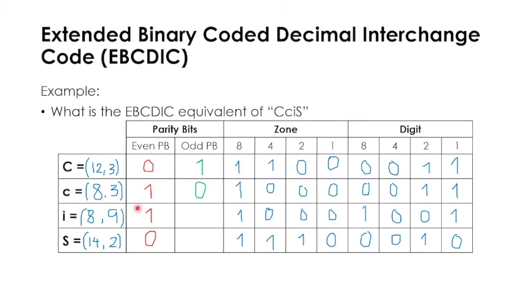Next, for the letter I, we have 1, 2, and 3 also. So the parity bit will be 0. Lastly, for the letter S, we have 1, 2, 3, and 4. Therefore, our parity bit will be 1 to make it odd. And now, this is our EBCDIC equivalent of CCIS when we use the odd parity bit.